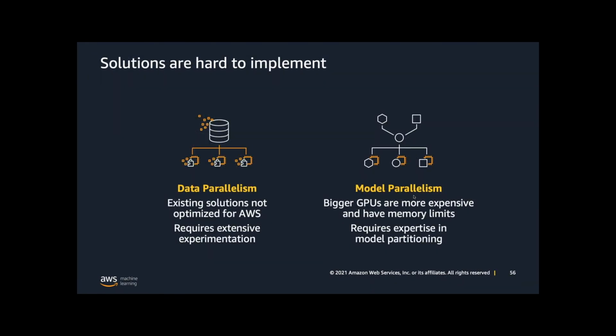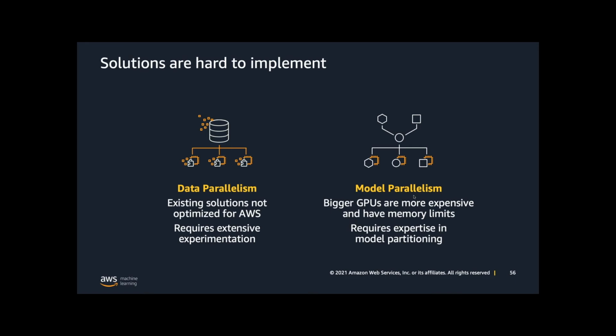And what are the solutions to implement that? Pretty much, it boils down to two things. So we have data parallelism, where you split your data across multiple GPUs to train more quickly than if a single device were used.